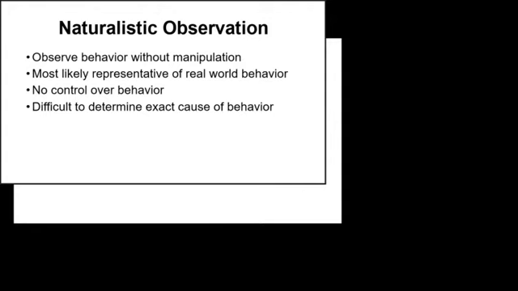So we can say from any of these descriptive methods that we found an association between two things. Maybe we found a correlation between two variables, but if we haven't specifically controlled for other stuff in the environment and done the manipulation ourselves, we can't say that changing this variable causes a change in that variable.